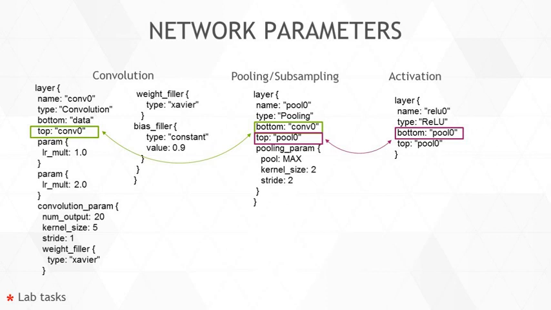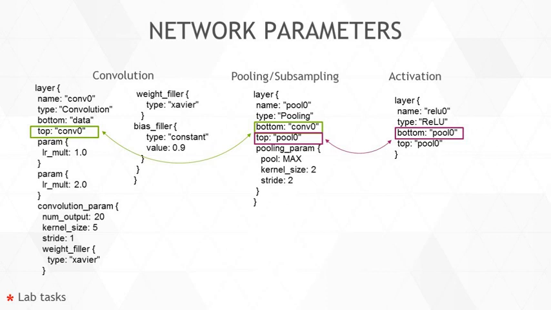Then, if I want to push the output from that convolution to my pooling or subsampling layer, conv0 will be the bottom of my pooling layer. Just like when I define the convolutional layer, I define a layer and give it a name, but my type is different. In this case, I'm pooling, and I can decide my stride and kernel size here as well.